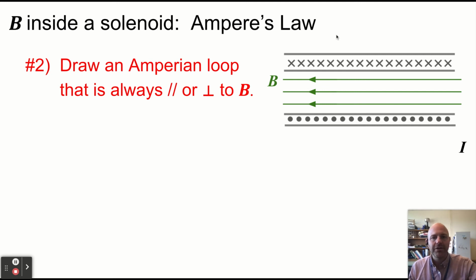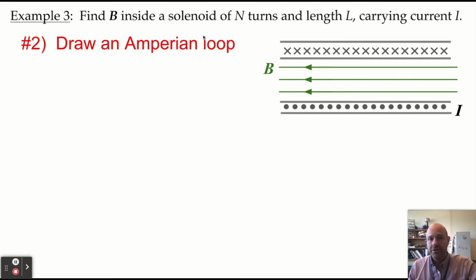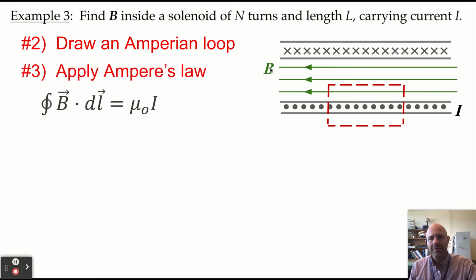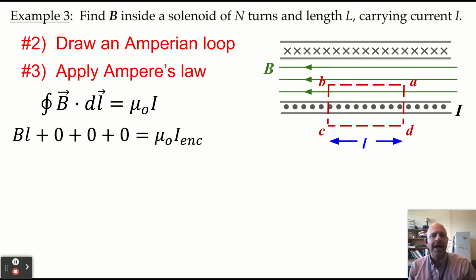We can draw an Amperian loop here to include some of the current, and this one looks a little bit different because we're just containing some of those wires. Here I'm using a rectangle, and when we apply Ampere's law, the outside part of the loop doesn't do anything. The 2 vertical sides of the loop don't do anything. And only the inside matters, because it's the only one interacting with the magnetic field, the AB segment.